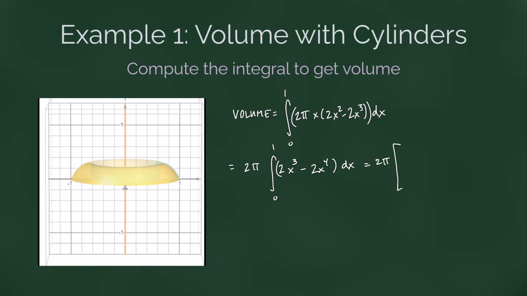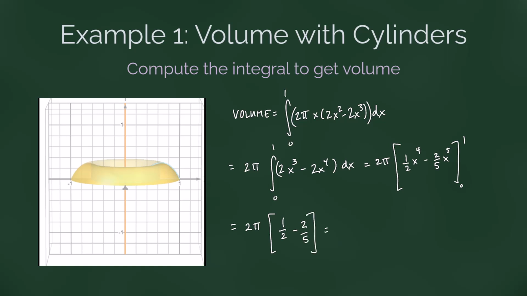Taking antiderivatives, we get 2 pi times the quantity 1/2 of x to the fourth minus 2/5 of x to the fifth, evaluated from 0 to 1. Plugging in 1, we're going to get 2 pi times the quantity 1/2 minus 2/5.